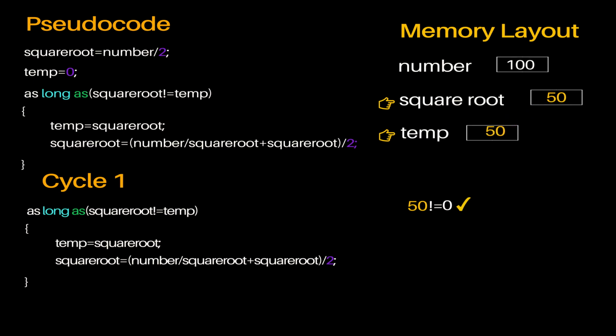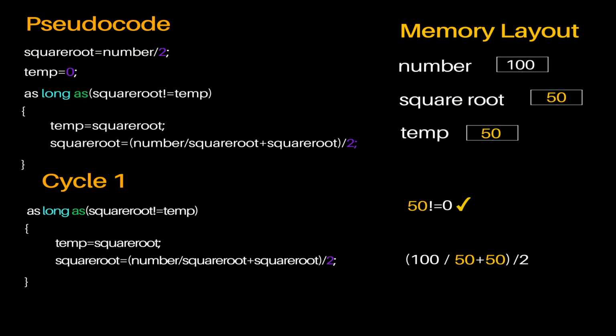The next statement is square root is equal to number, value of the number happens to be 100 and square root happens to be 50. If I substitute number is equal to 100 and square root is equal to 50 in this statement, we would be getting it as 100 divided by 50 plus 50, entire thing divided by 2.